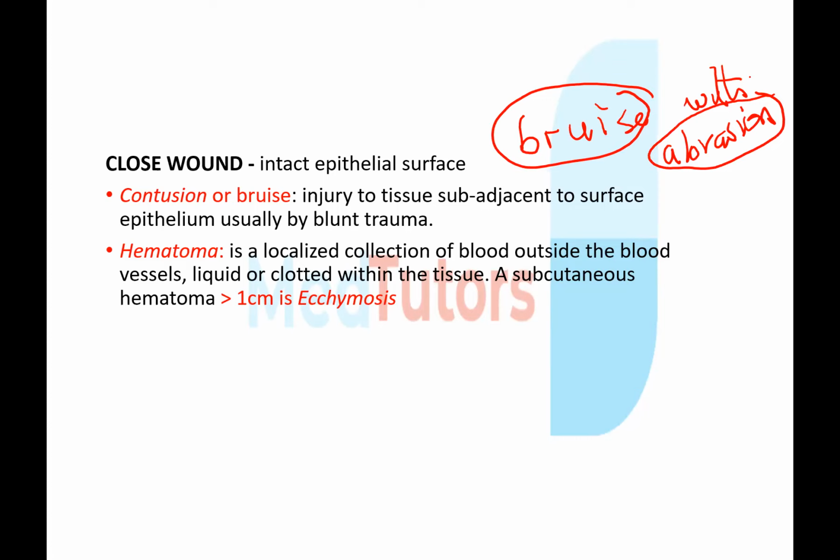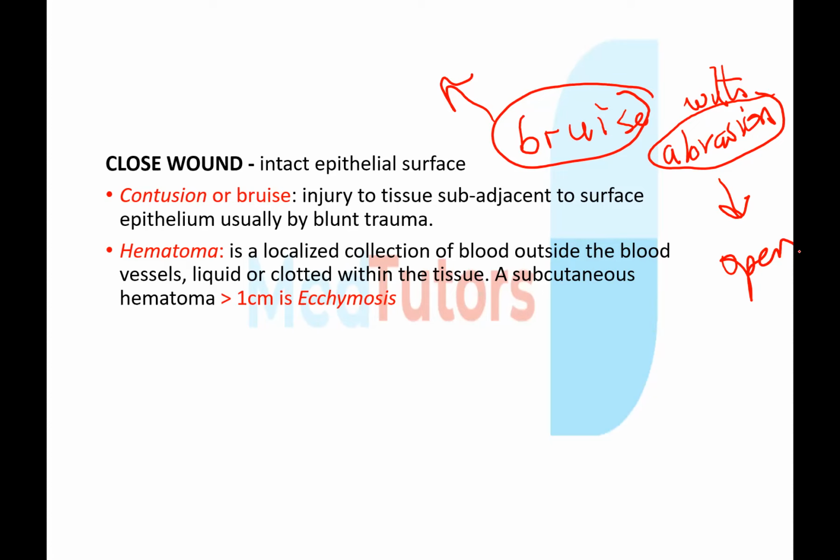So in other words, bruise is a closed wound, while abrasion is an open wound, which we'll see shortly. So bruise is contusion, and it results from subepithelial soft tissue injury.